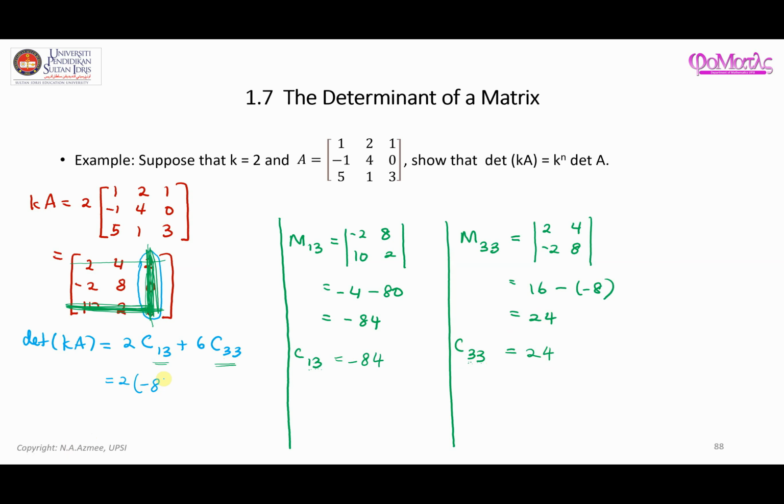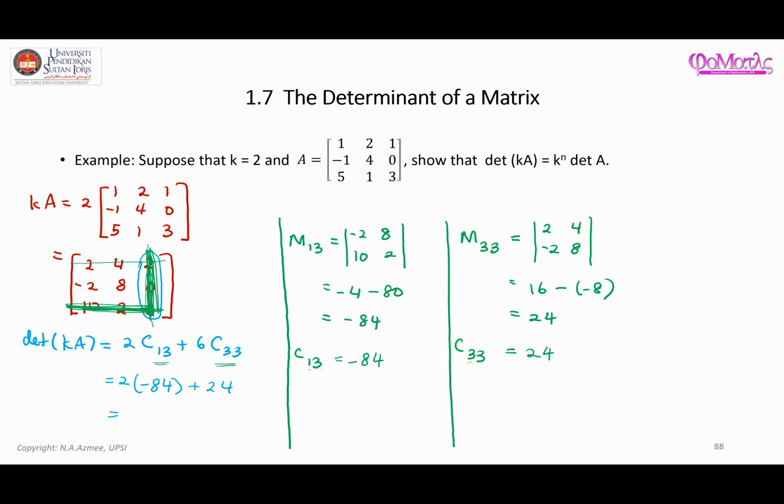So I'm going to insert the result now. 2 times -84 plus 6 times 24. And what is the final answer?